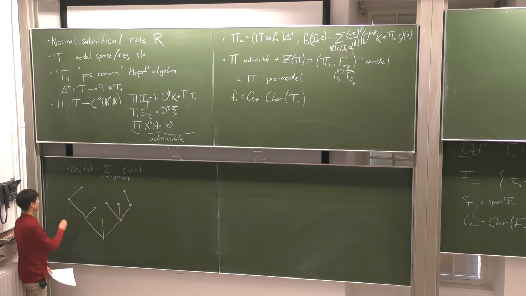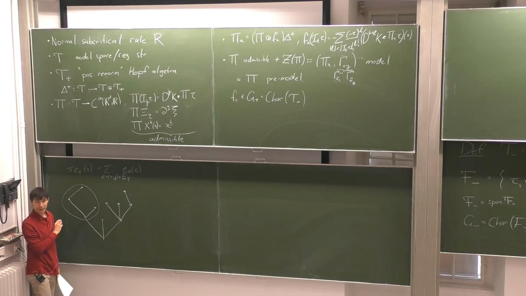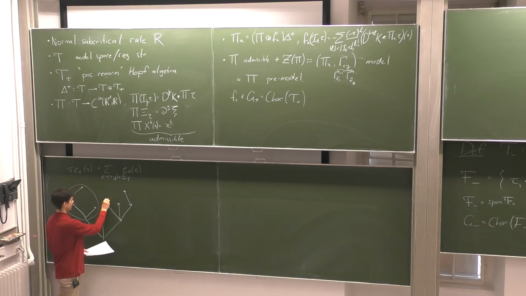So this is my tree T, and suppose that the guys that I extract are this. So the subgraph A is this and this.